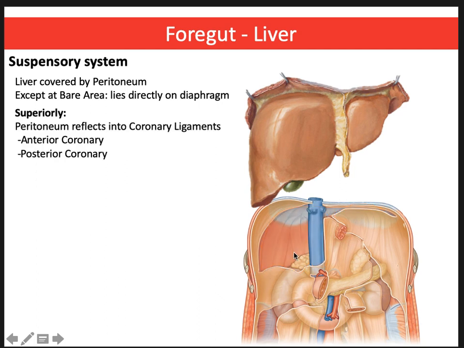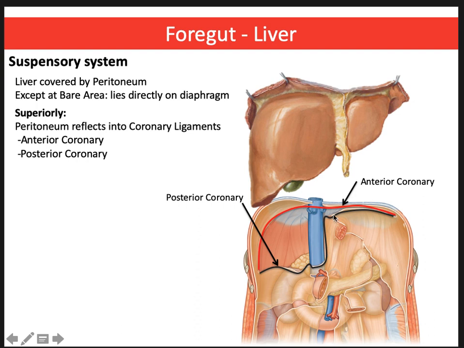And here, when you look at it, you have a folding. The parietal peritoneum folding to become the visceral will create a folding, just like the hilum of the lungs. So you'll see that this is a thicker ligament called the posterior coronary ligament. And you also have the same thing on the anterior aspect right here, which is the anterior coronary ligament.